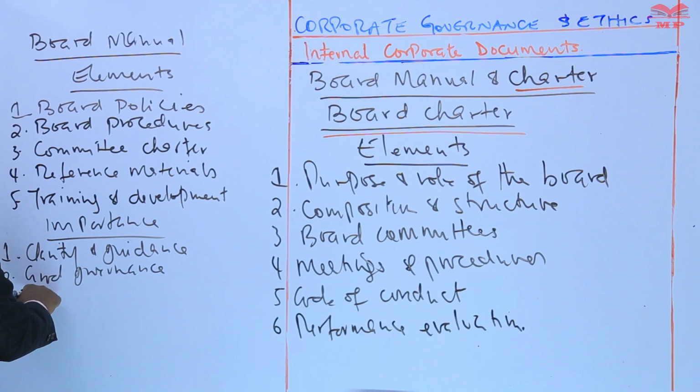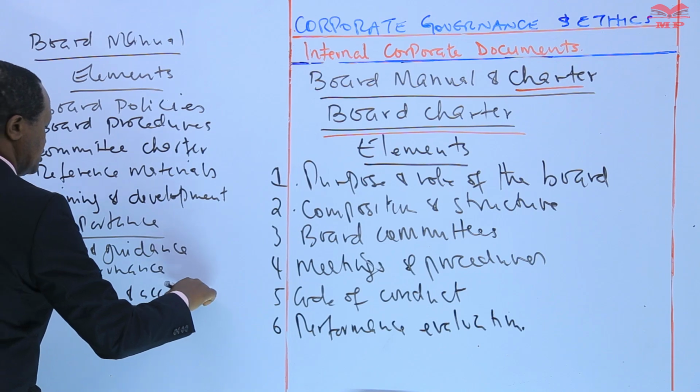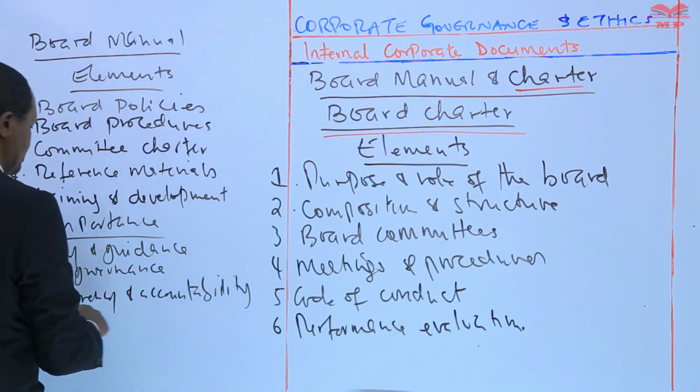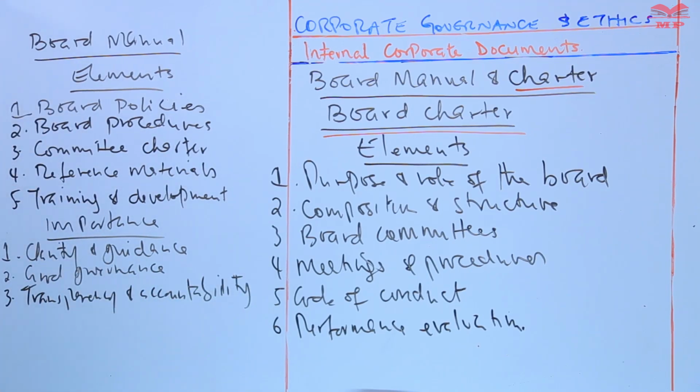3, transparency and accountability. The board manual and charter demonstrate transparency and accountability to shareholders and other stakeholders.